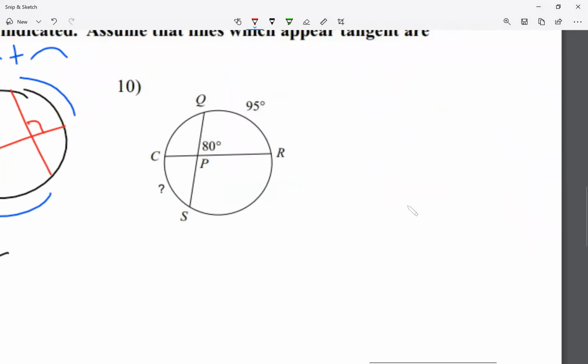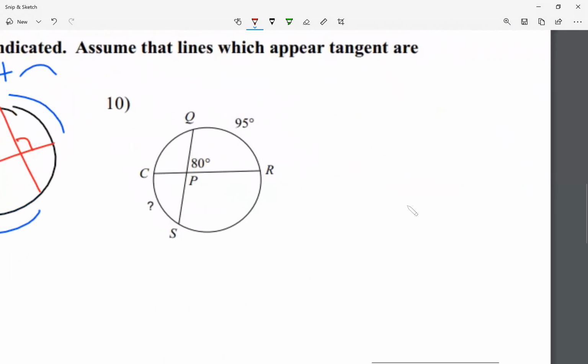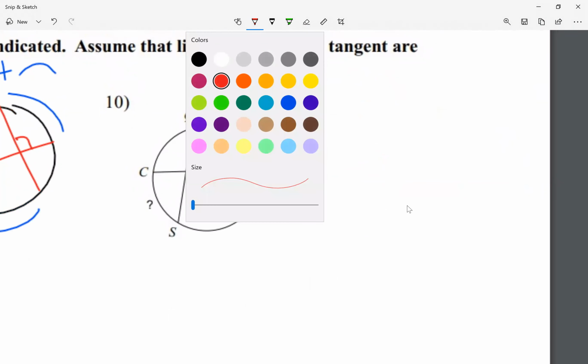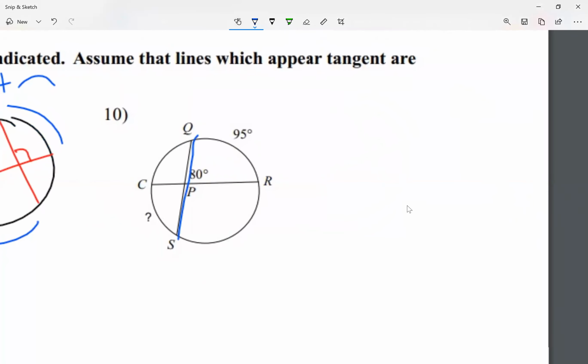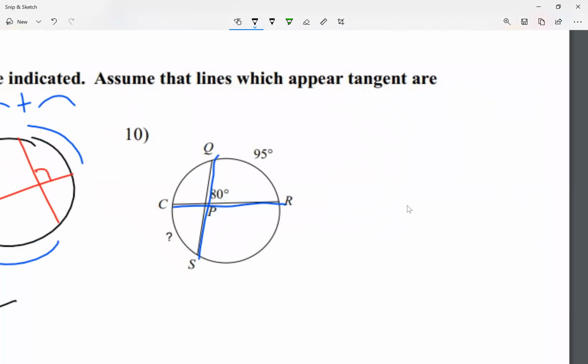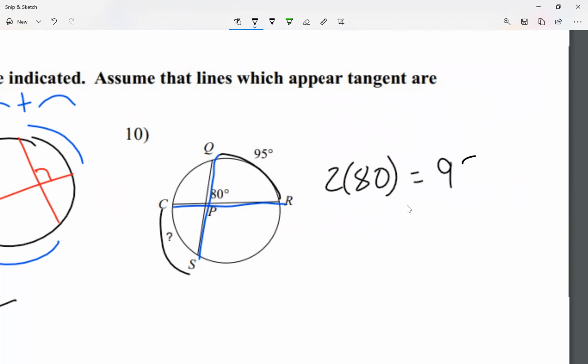Let's take a look at another example here. I see my X is right here. So I'm going to go 2 times the angle, all right? So in this case, 2 times 80 equals, and then I'm going to add the arcs, 95 plus X. That question mark, I call it X, because every time in math, when we don't know the value of something, we replace it with a letter.